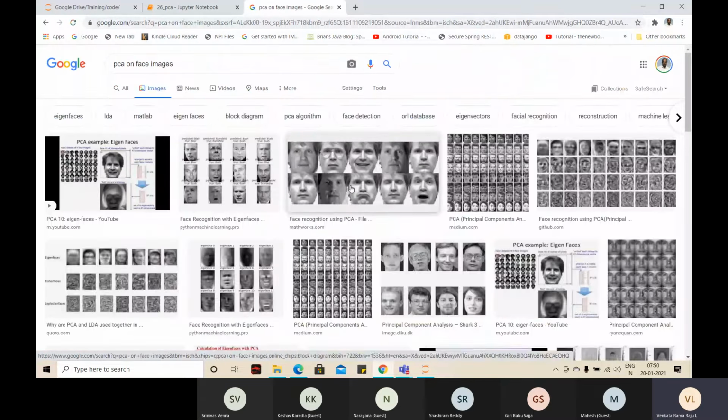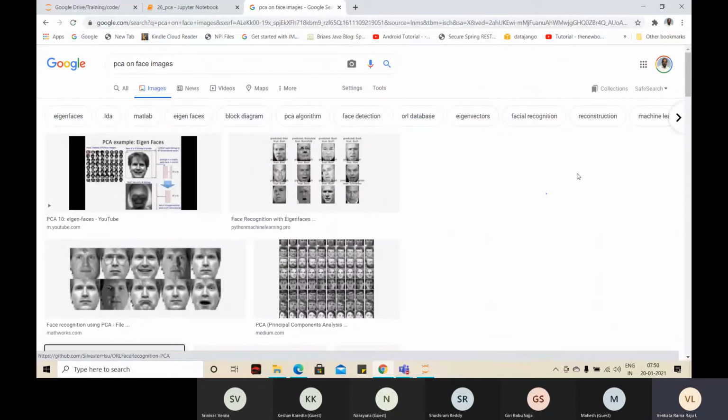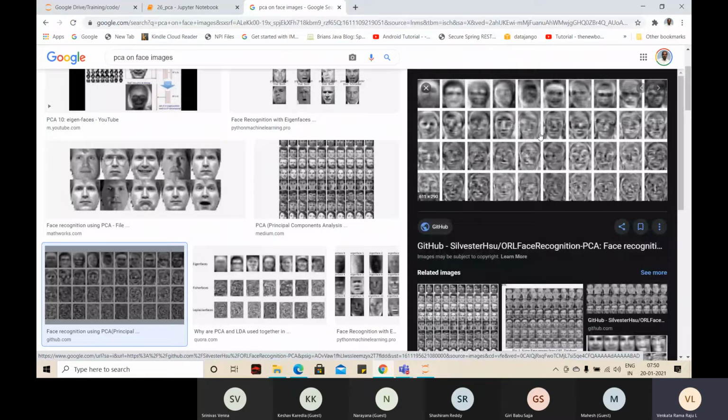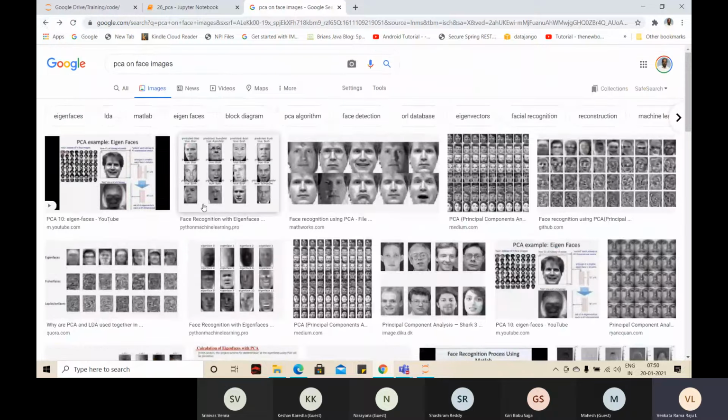See this, if you pass the original image, after applying PCA, it becomes like this. And the image gets damaged. But it will carry the pattern. What pattern will it carry? The relationship between input variables, right? I had 30,000 columns, and between them, it will carry the relationship.